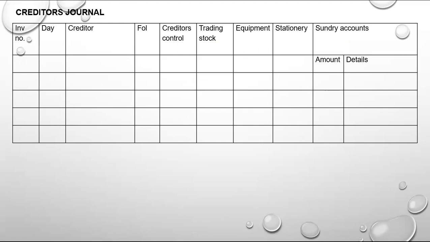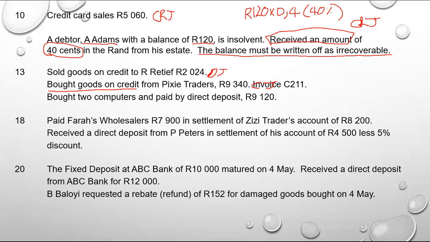So in my question paper, this is what I did. I wrote it as invoice C211. Okay. When you are in the creditors journal, you can't assume that the invoice numbers are in sequence because we are buying from different creditors.